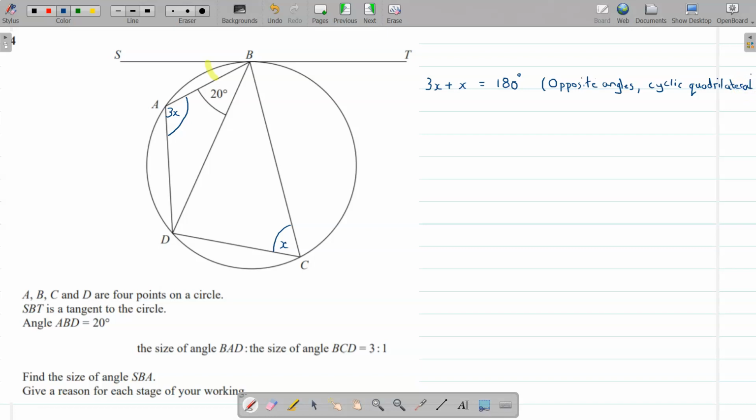They sum to 180 degrees, but that's implied by what you've done here.